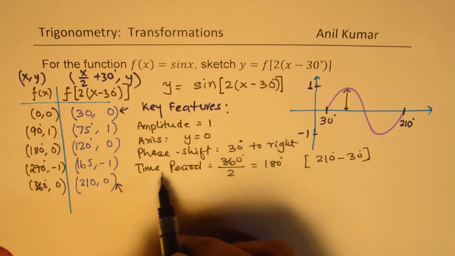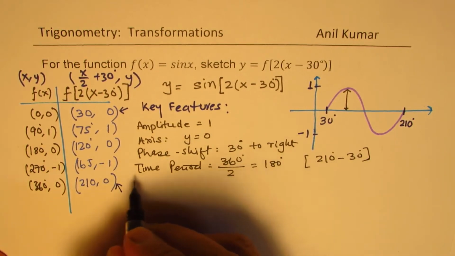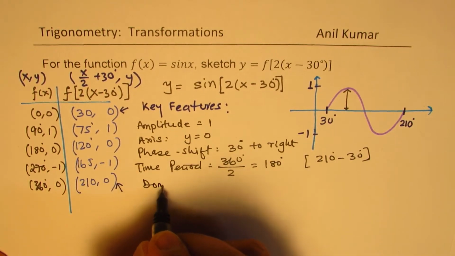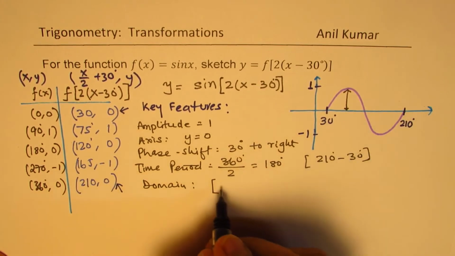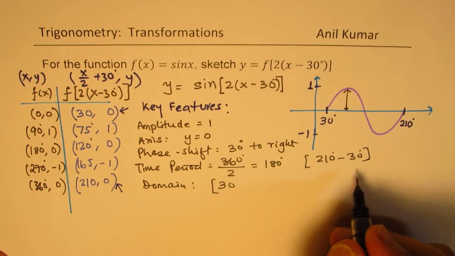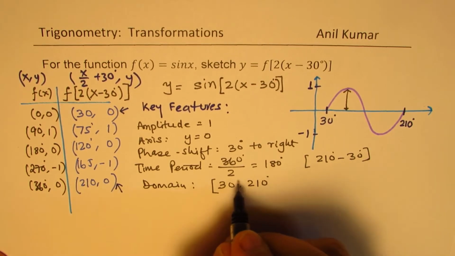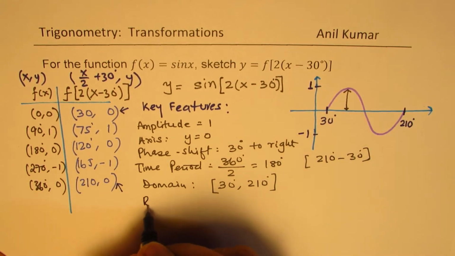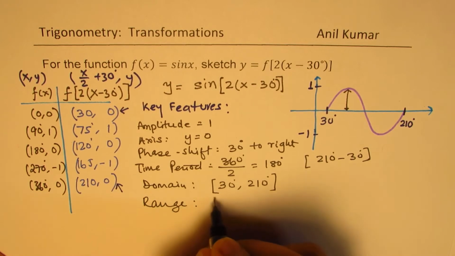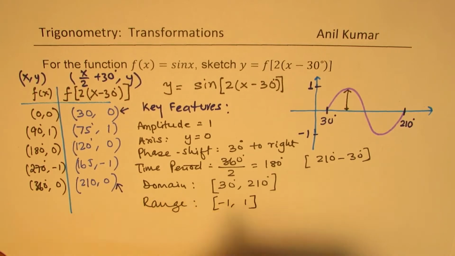So these are your features, and what you can also say is that the domain of the function is from 30 degrees, since it's shifted 30 degrees, to 210 degrees. Do you see that? One particular wave gets compressed by a factor of half, correct? And the range remains the same, which is from -1 to 1, correct?